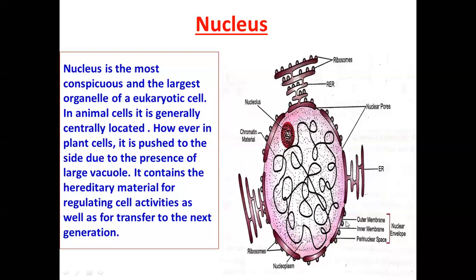That means outer membrane and inner membrane, and the space is known as perinuclear space. And the inside area is known as nucleoplasm. This is ribosome. Clear? So we are going to discuss the functions of nucleolus, chromatin material, nuclear envelope, nuclear pore and nucleoplasm next.